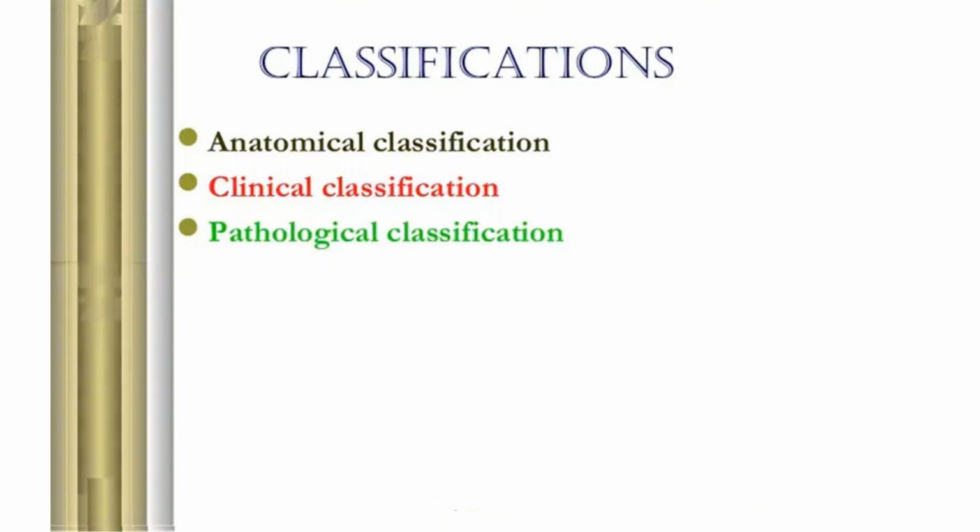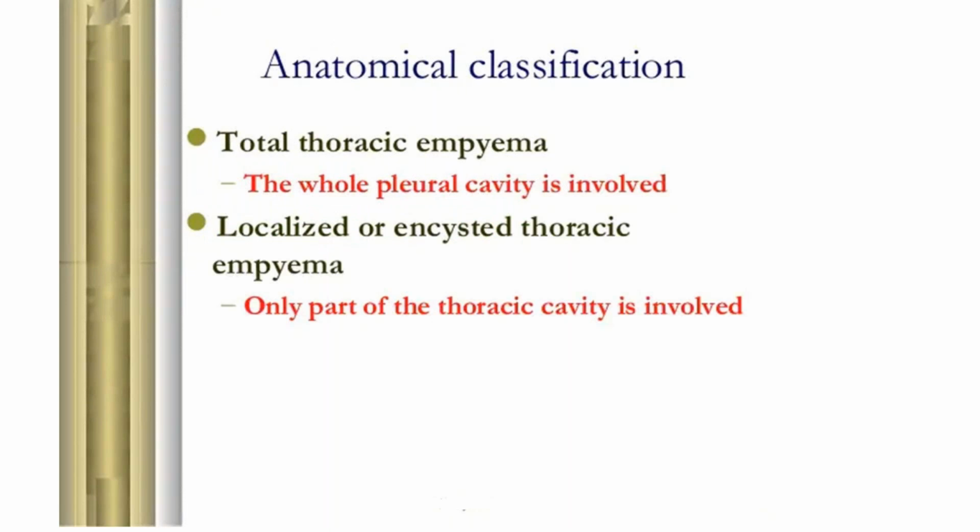It is a panthoracic empyema, where the whole pleura is involved, or it is a localized or thoracic empyema. I told you to always do the shifting dullness. If shifting dullness is absent, that means it's localized. Of course you have to do other investigations like ultrasound or CT scan, but clinically also you can look for it. If shifting dullness is present, that means it's free pus.